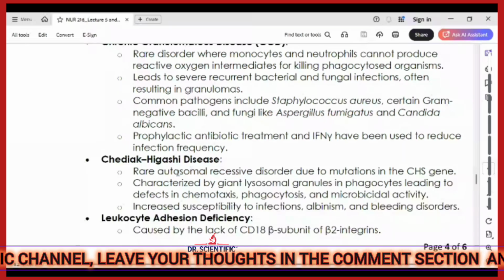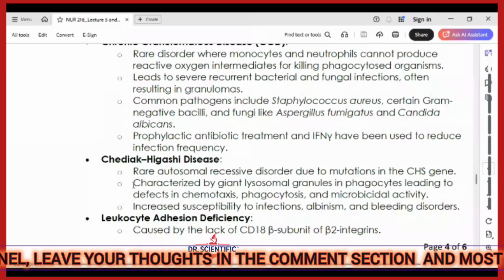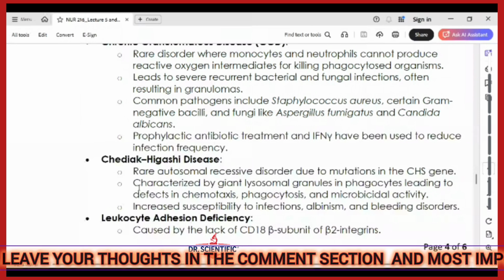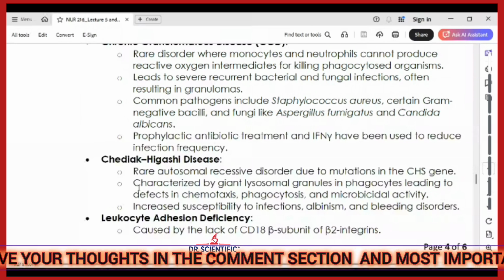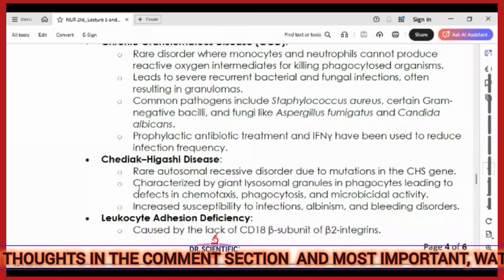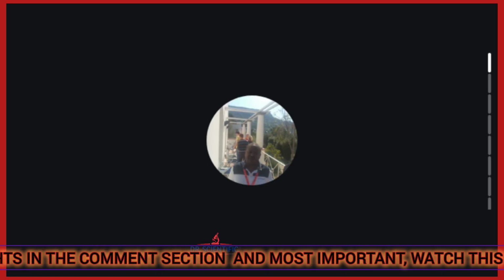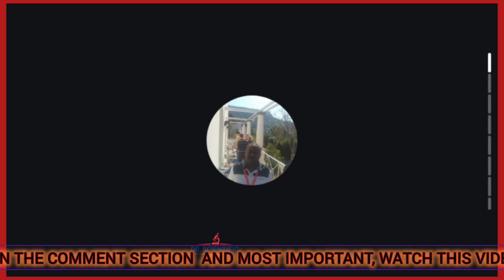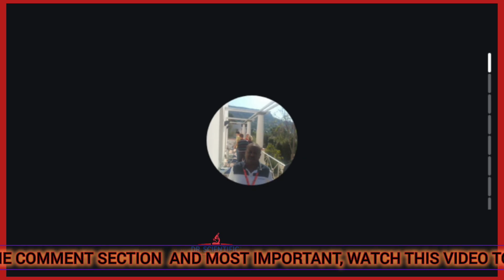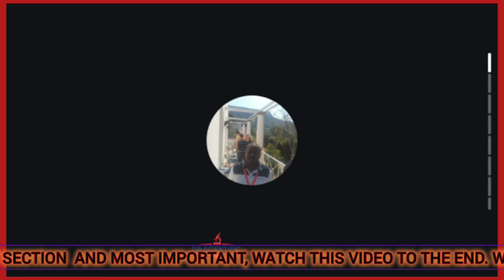So it is a recessive disorder, with mutations in the CHS gene. It is characterized by giant lysosomal granules in the phagocytes, and this leads to defects in chemotaxis, phagocytosis, as well as microbicidal activities. So these individuals end up having giant lysosomes. We've seen how important lysosomes are.